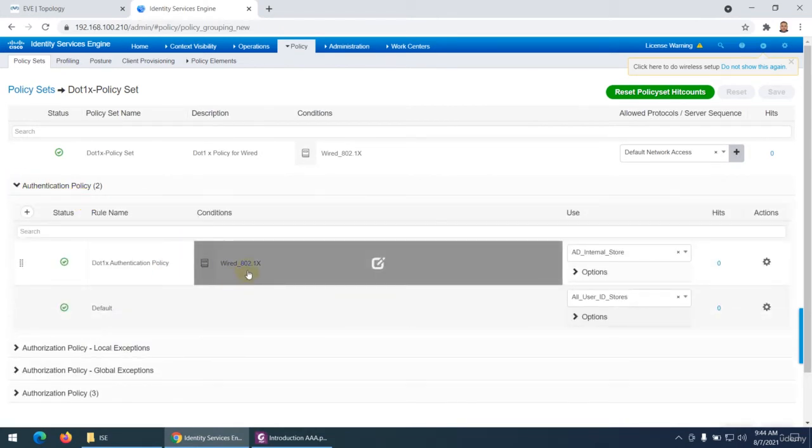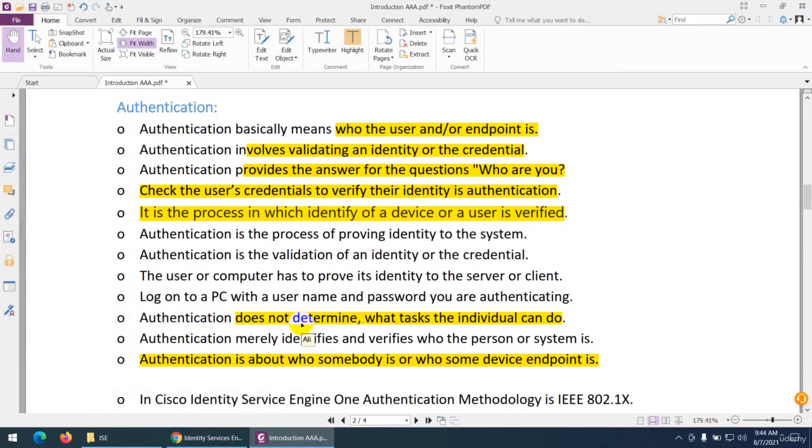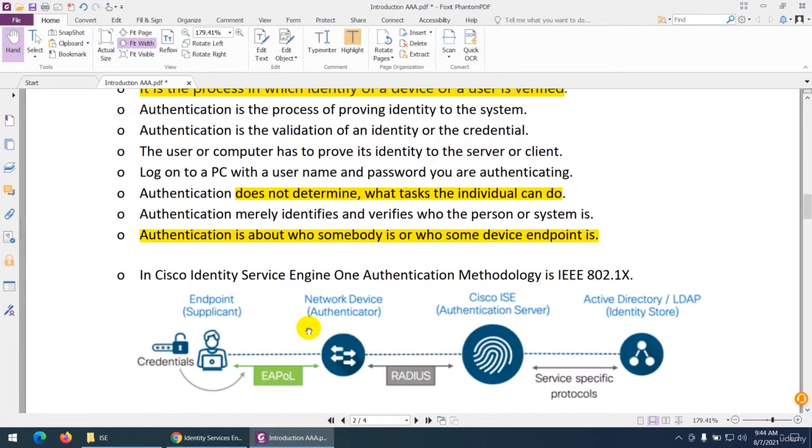We can use wired, we can use web authentication, we can use ISE Connect, and so many other methods which I told you. You can see the authentication policy. Here we normally create our authentication policy to prove the endpoint or user identities.